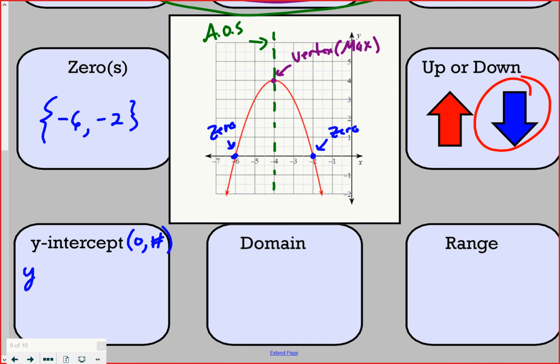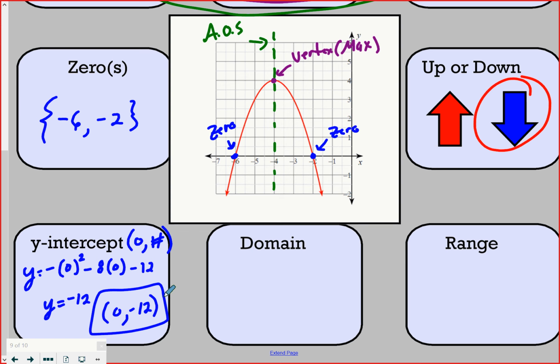Well, if I do that, I'm going to have negative times 0 squared minus 8 times 0 minus 12. And if you notice, anything times 0 is just going to be 0, and what's going to be left is the minus 12. So I'm going to have y is equal to negative 12. So therefore, my y-intercept will be 0, negative 12.